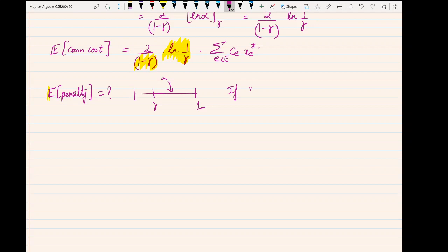Now, if there was a vertex i with yi star which is less than gamma, then already we will have the fact that 1 minus yi star is greater than or equal to 1 minus gamma, and the vertex is not chosen, or rather the vertex is penalized with probability 1, right? So these vertices always occur in the penalty.